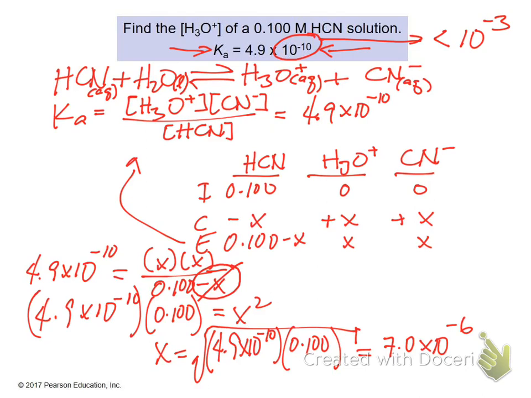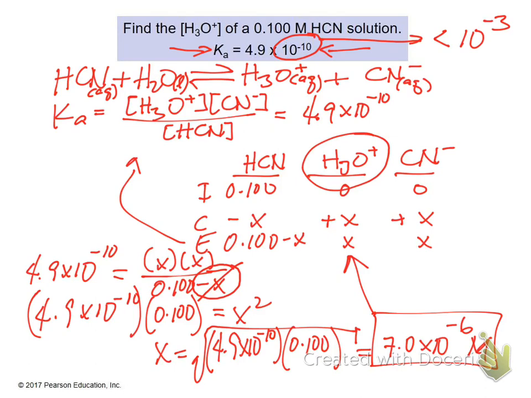Okay, so this is the concentration of the hydrogen ion or hydronium ion. So from here you can even determine the pH of this solution by plugging in this value into the equation for pH, right?